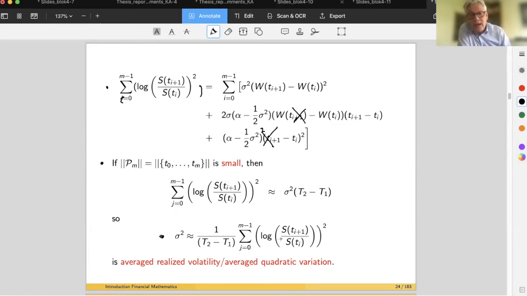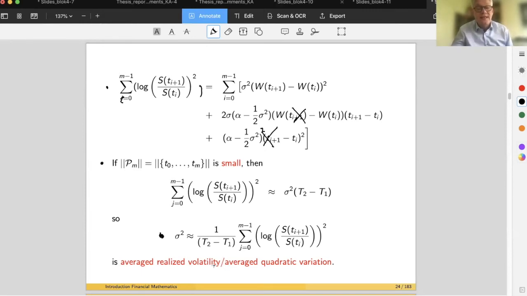So we can look at the intermediate time instances of the stock prices, divide one by the other, take the log, square it, divide by the length of the time interval, and we get an estimate for sigma. Yeah, the averaged or realized volatility, the average quadratic variation over the interval T1, T2.